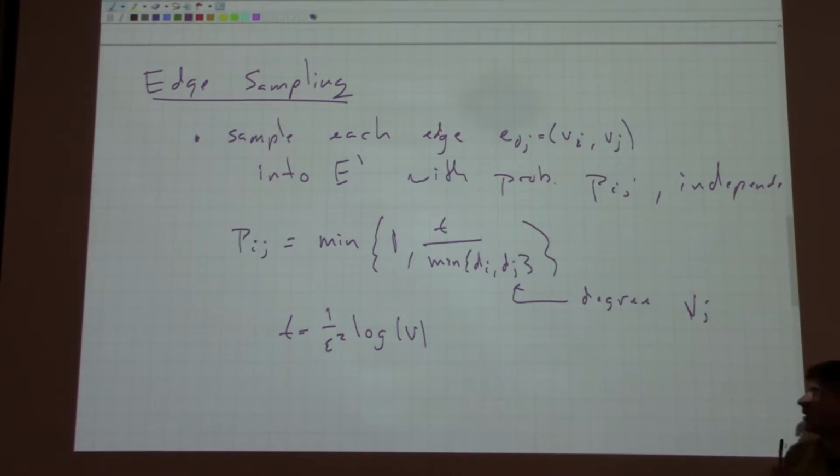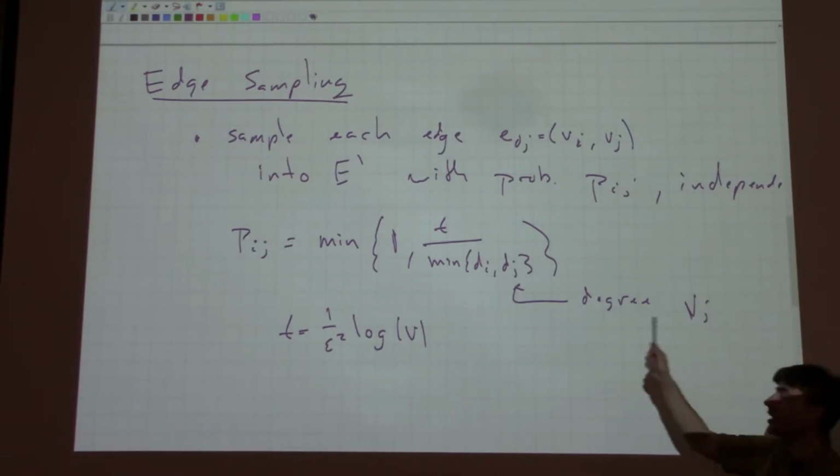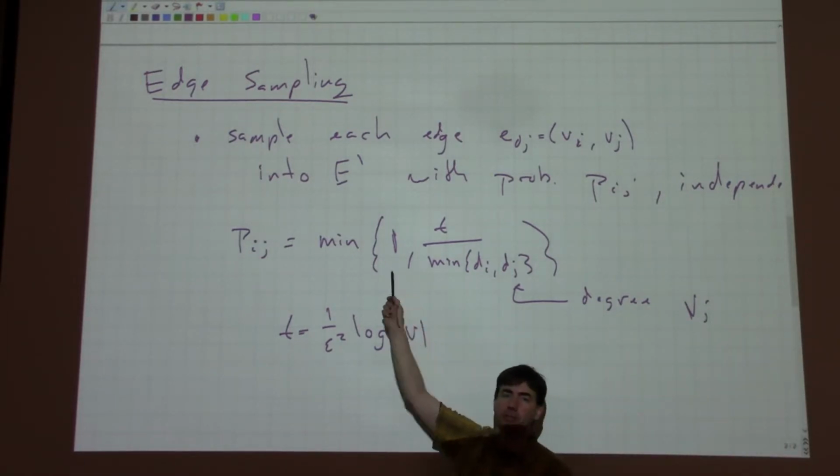It means that the edges connected to vertices that have very high degrees, so they have a lot of edges, you sample less frequently. Whereas vertices that don't have a lot of edges, you want to sample those much more likely. In fact, if a vertex has less than t edges, then you want to sample with probability 1, which means you always keep it.